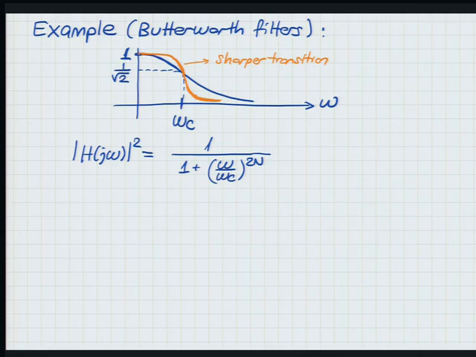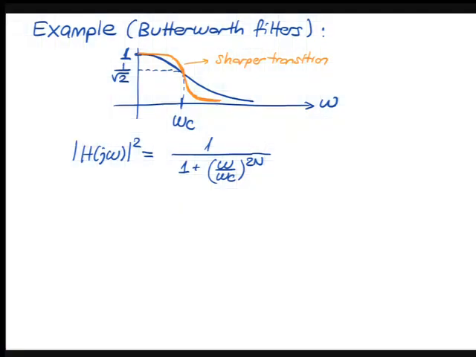If you plot that for a fixed n, you'll get figures like the one I showed you at the top. To get a sharper transition, what kind of n do you think I need? Smaller, larger? Larger. If n is 1, this is like 1 over 1 plus omega squared, which is pretty gently decaying, right? Large n in this formula will make the transition a lot sharper while still making the response monotone decreasing.